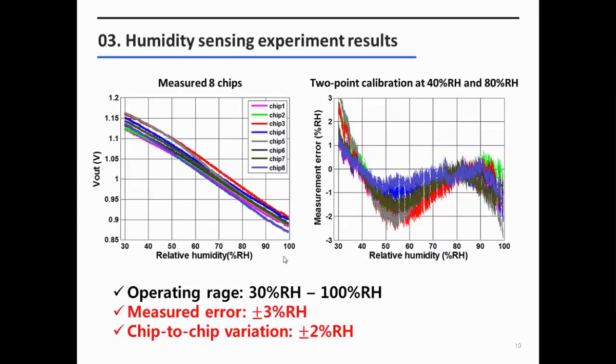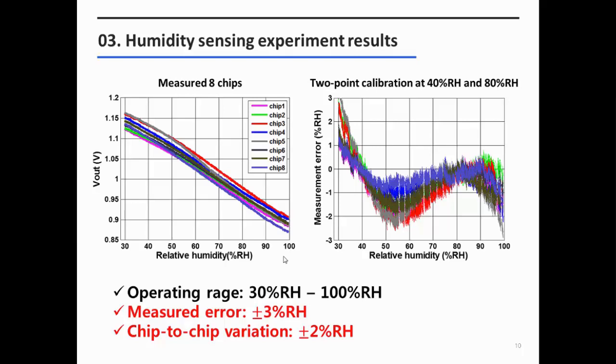Now I'd like to show measurement results of the proposed humidity sensor. A total of 8 chips were tested over the relative humidity range of 30% to 100% RH, and the x-axis was measured using a commercial humidity sensor.